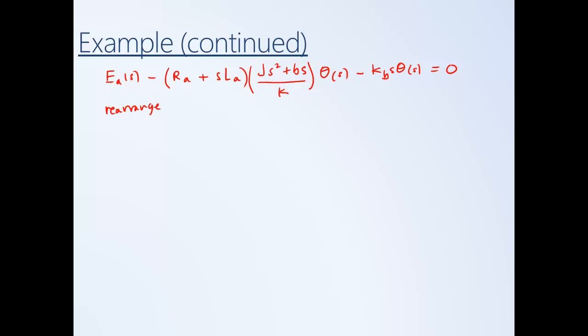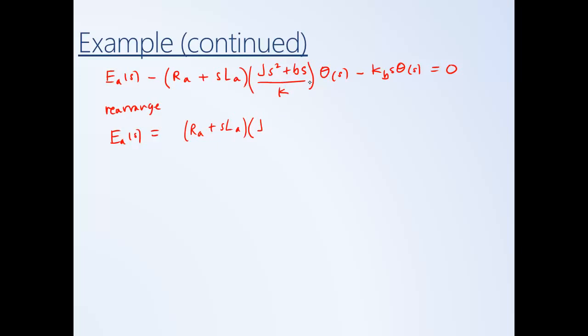So in order to do that, I'll go ahead and keep the EA of S on the left hand side, and I'll move these terms with theta of S to the right hand side. So this negative, I'll add it over, it'll become positive. This negative, I'll add it over, it'll become positive. So I'll have the quantity RA plus S times LA, JS squared plus BS.